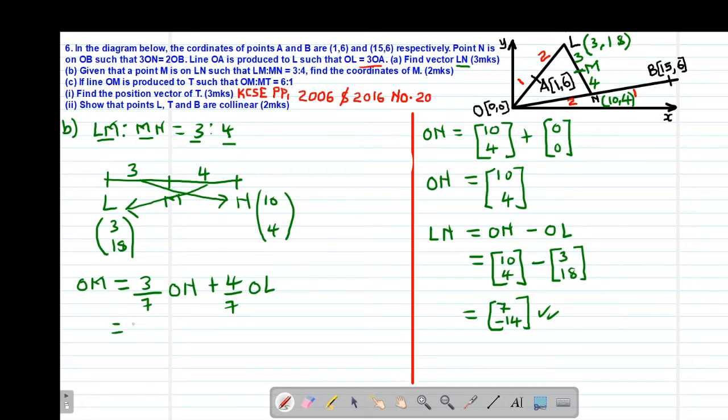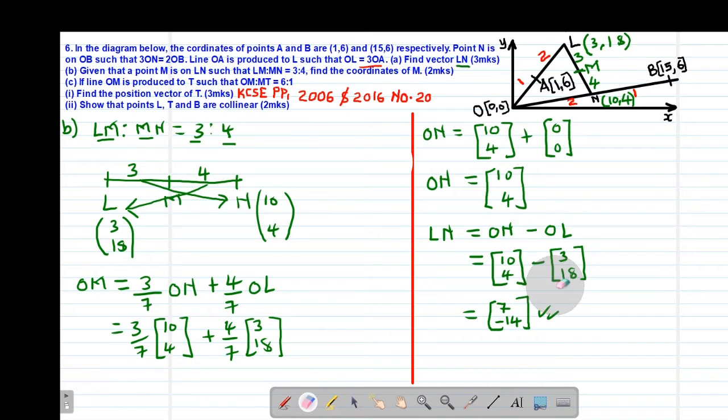So this should be equal to 3 over 7, then into bracket, the coordinate for N, which is 10, positive 4. Then we are going to add 4 over 7 into the coordinate for OL, which is 3, 18. Then of course we are going to open those brackets.